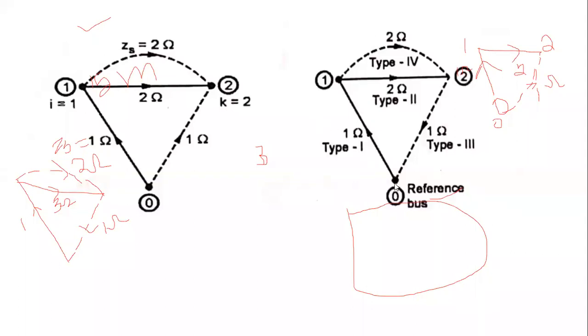So remember all types of modifications, 1 to 4, and the formulas for the Z-bus building algorithm for each type.